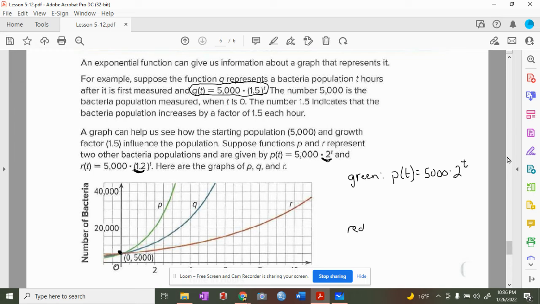The red is the R of t equals 5,000 times 1.2 to the power of t. And then the blue one is that original for us. Q of t equals 5,000 times 1.5 to the power of t.